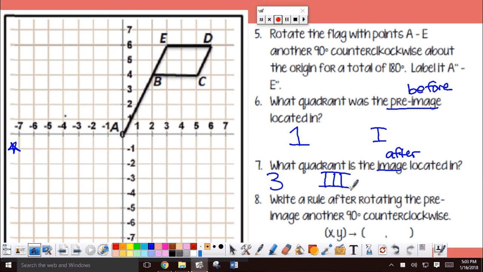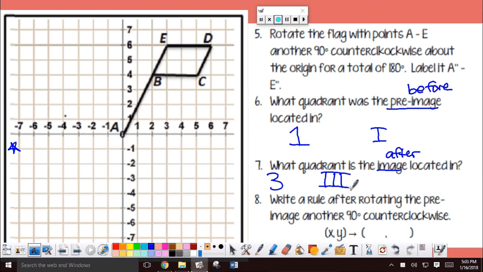So let's take our shape. Remember, we're going to pick up our paper and we're going to rotate it 90 degrees counterclockwise. Okay? So every time we rotate, the x's and the y's are going to switch. So it's going to switch one time and switch again, or you can think of the flag being flipped upside down.